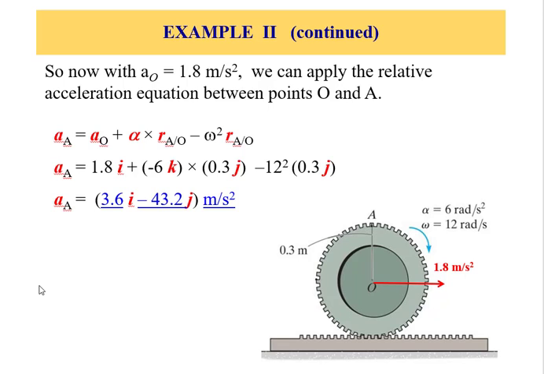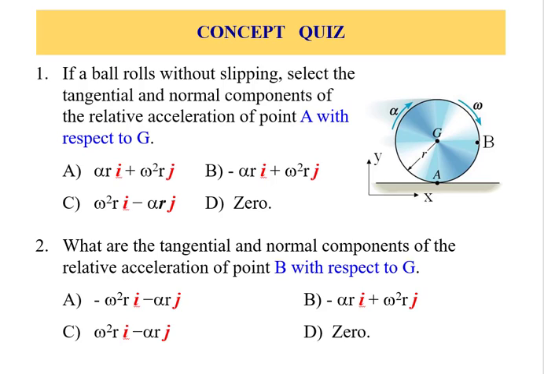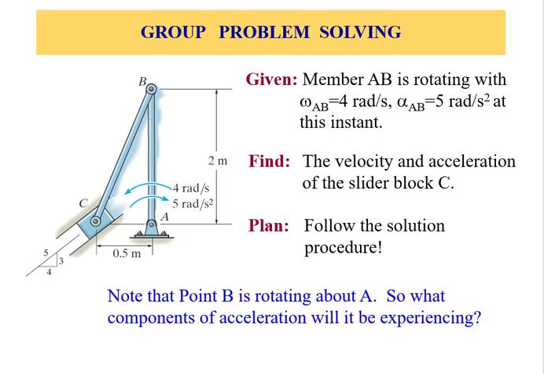So with this I conclude the lecture. There are a couple of concept quizzes. The answer for the first one is B. The answer for the second one is A. You try it at home. There's also problem solving.